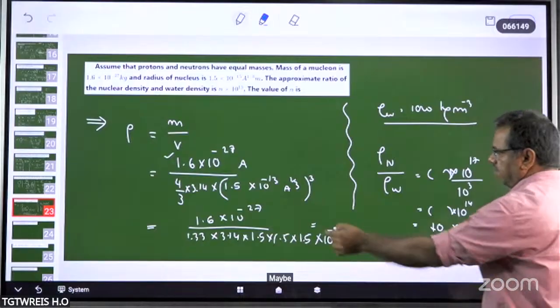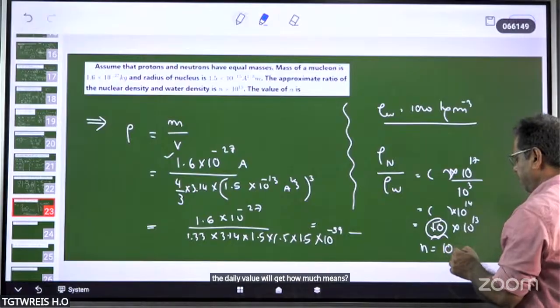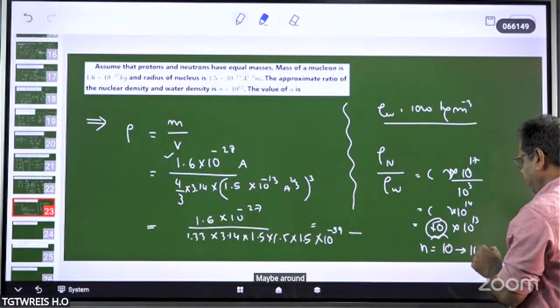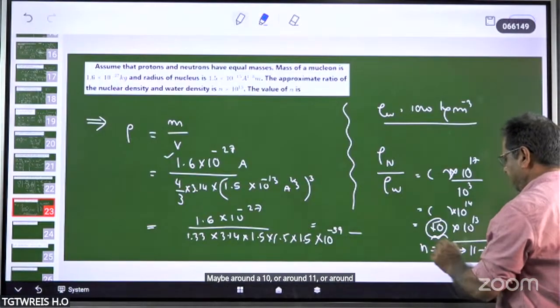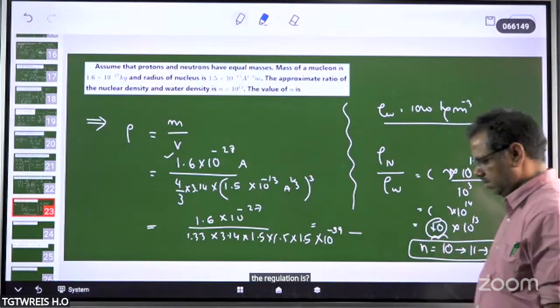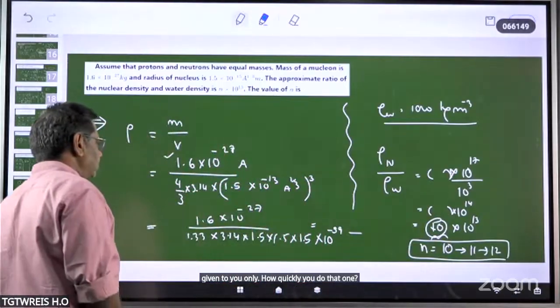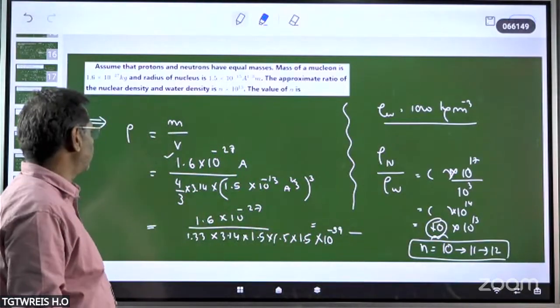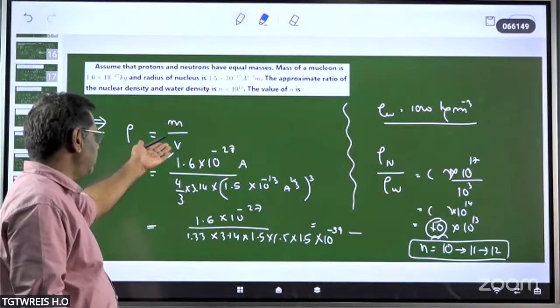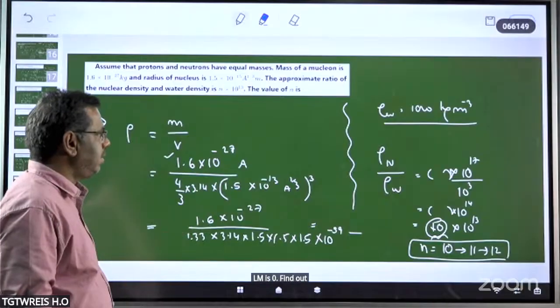If you find that ratio, the value will be around 10 or around 11 or around 12. Just the calculation is given to you, how quickly you do that. Mass is given, volume you know, find out the nuclear density and take the ratio.